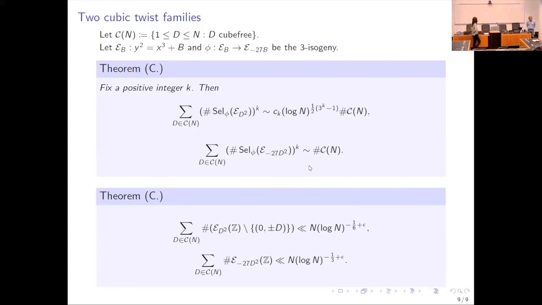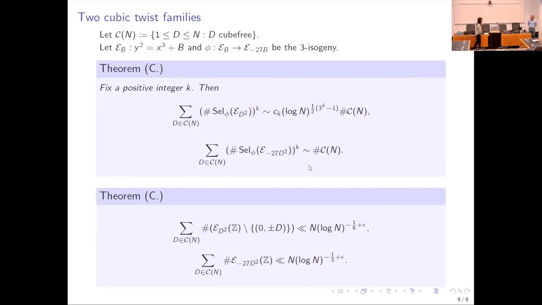So that sum is actually the sum of 3 to the number of primes dividing that number that are 2 mod 3, something like that.